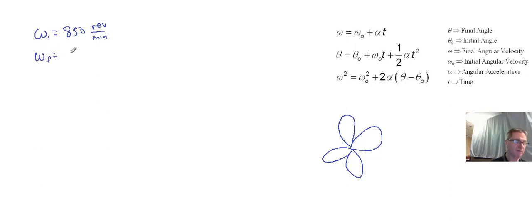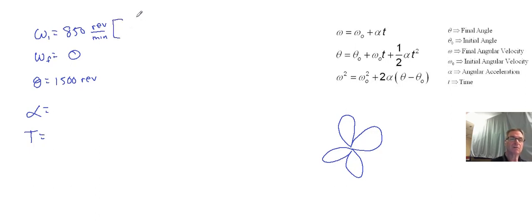Our final velocity is 0 since it is turned off, and it turns 1,500 revolutions. So theta is equal to 1,500 revolutions in going from 850 revolutions per minute to 0. We would like to know what alpha is, the angular acceleration, and how long in time it actually took to turn off. Let's see if we can figure that out.